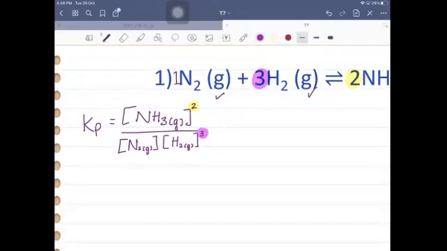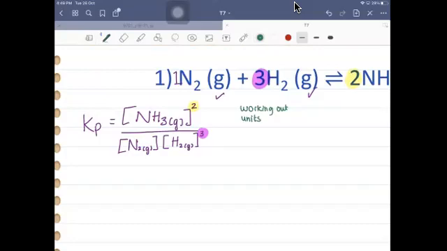Next is working out the units. Some of you may be really good at this if you've learned how to do this in physics and maths, okay? Each square bracket indicates mole per dm cube.